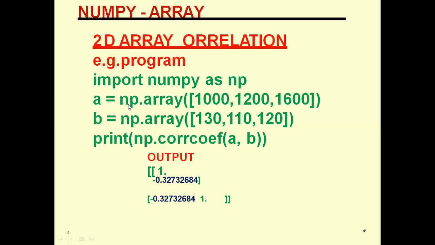So a equals np.array, these values are stored in a. b equals np.array, same values as the previous one. Print np.corrcoef. So this will display the correlation value between a and b, it will display the negative value.